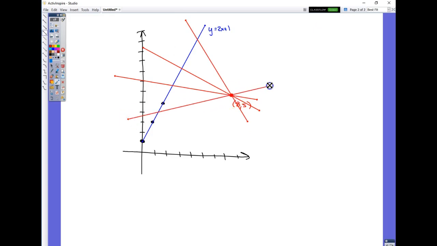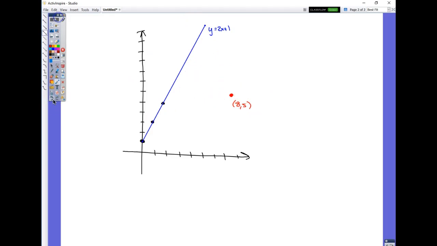Each one of these lines is going to have a completely separate distance, but they're all measurements from the line 2x plus 1. So if that's the case, how on earth do I find the distance between here and this line?